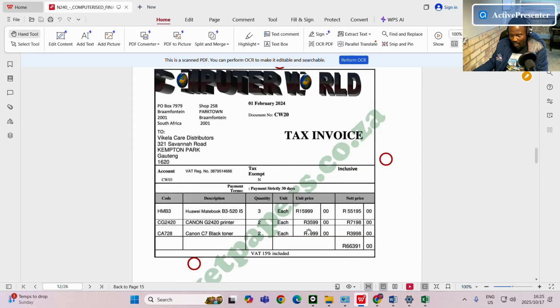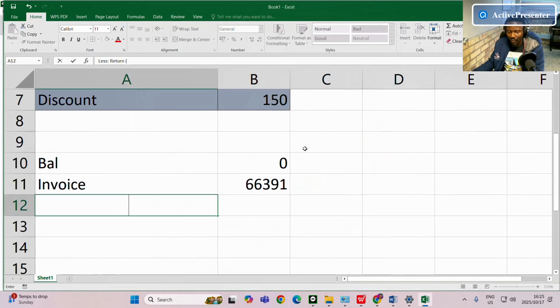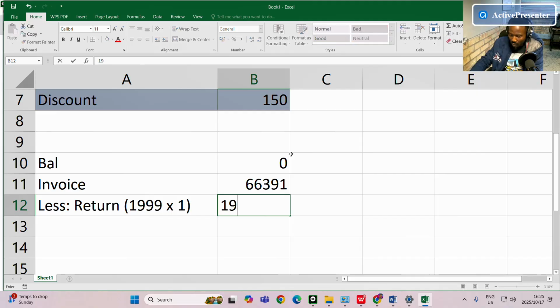This is what we returned, and we returned one, which is 1,999. So it's 1,999 times 1. So we only returned one, meaning it's one.